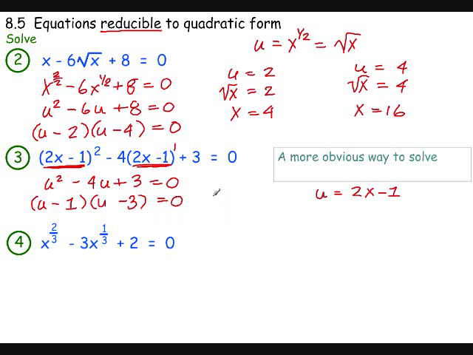Okay, so I've got u is either equal to 1 or u is equal to 3. I know that u is equal to 2x minus 1 and 2x minus 1.